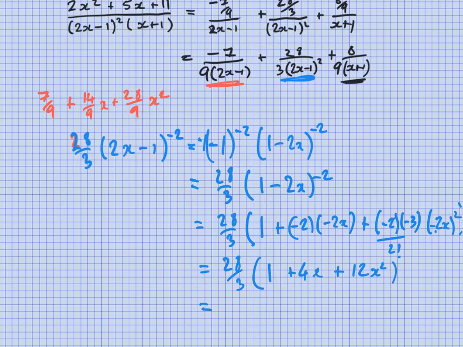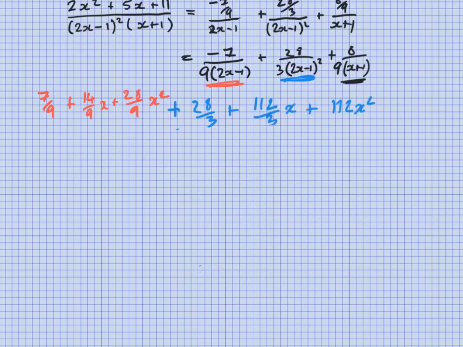Now going through and timesing, we get 28 over 3 plus 4 times 28, 112 over 3 x, plus timesing up by 12, that's going to give you just 112 x squared. Okay, now we can tidy that up, and we can look at the final part.